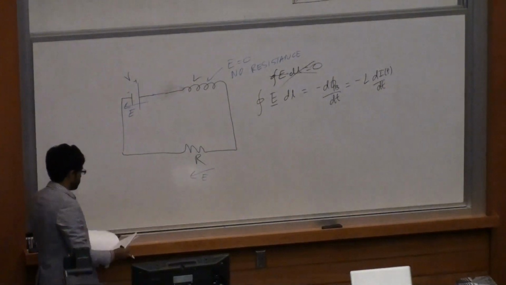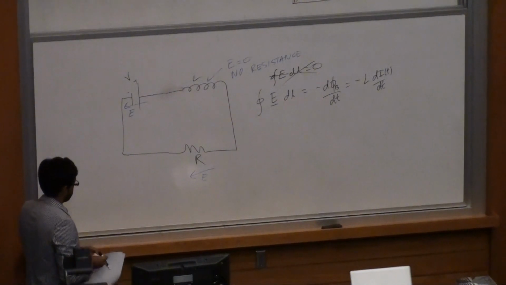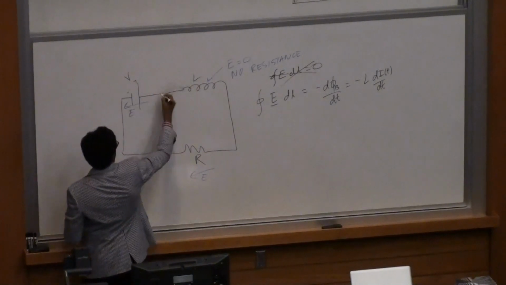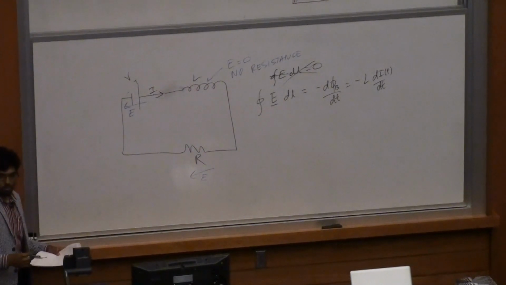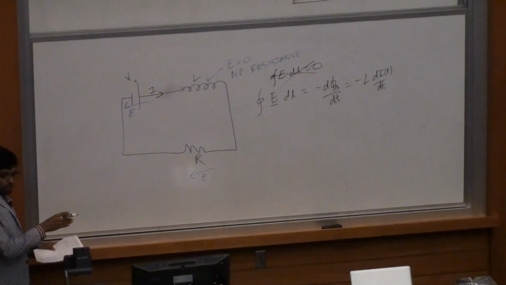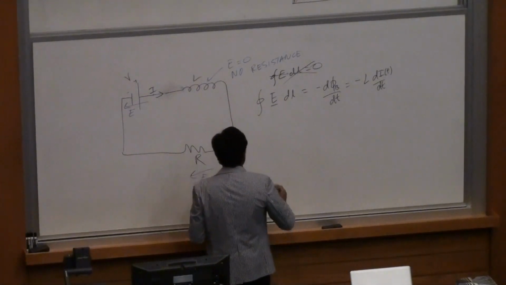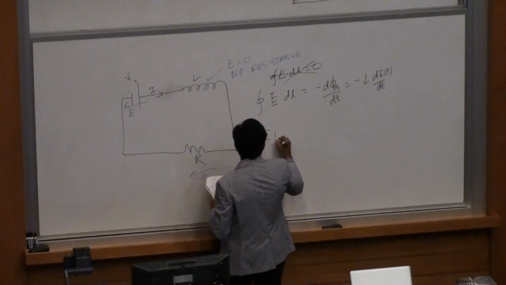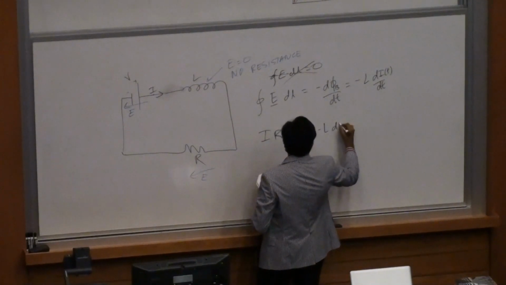Now let's write the loop equation for this. Let's go around the loop and write down what we get. So my current will obviously be flowing this way, and I always start off, or march, in the direction of my current, and I'll show you why. So when I go through in this direction, I get, well, let's start off with this, IR minus V equals negative L di/dt.